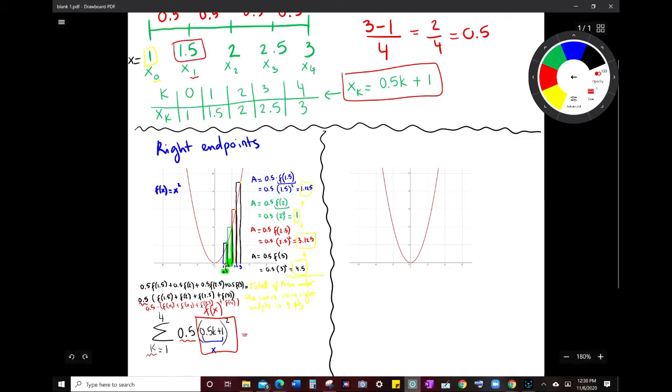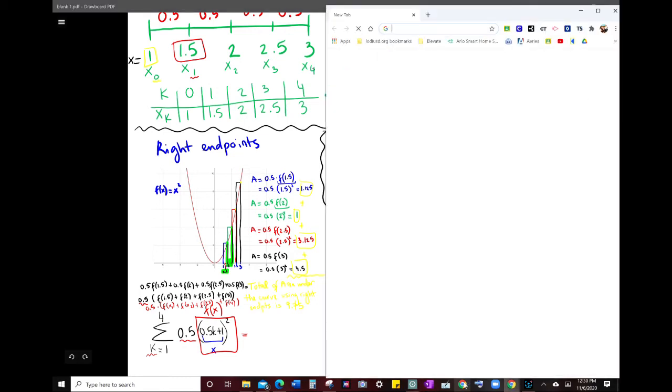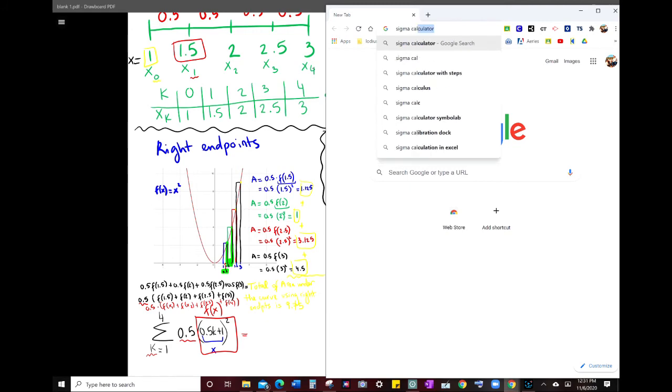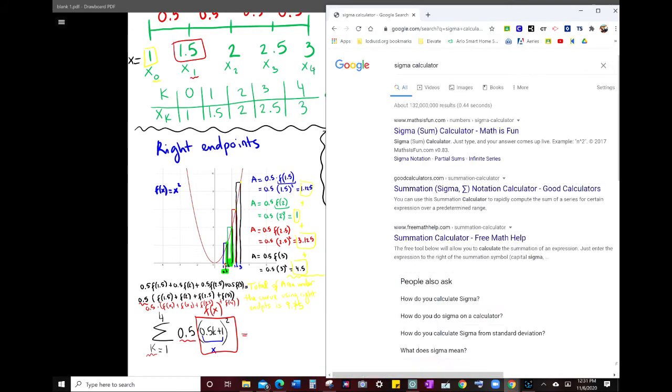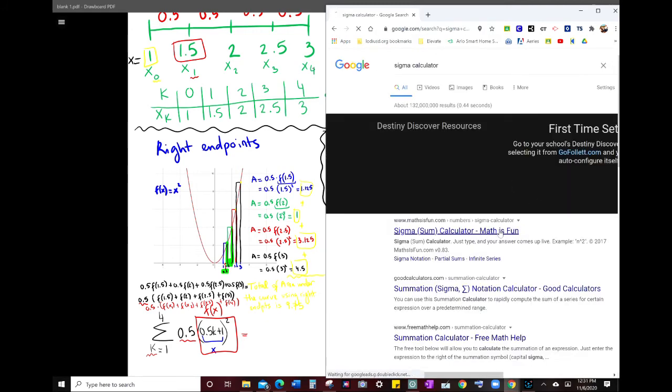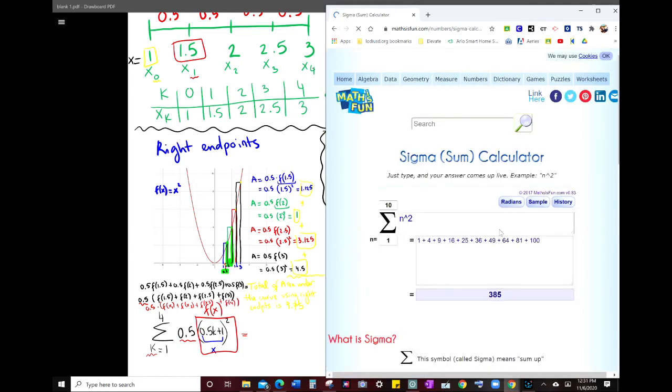So let's see. Sigma calculator. So I have n start with 1, and since this calculator uses n as the variable, it's the same as k.